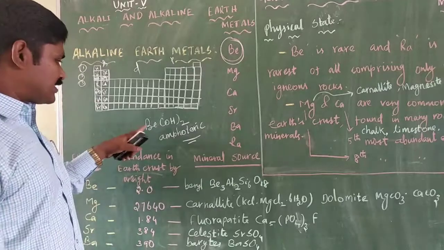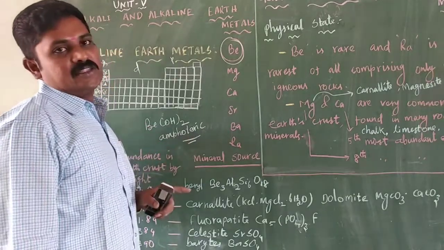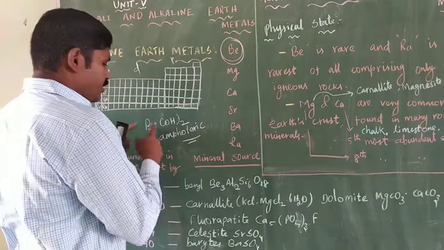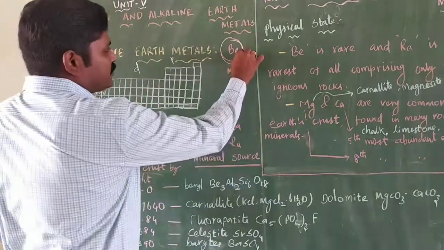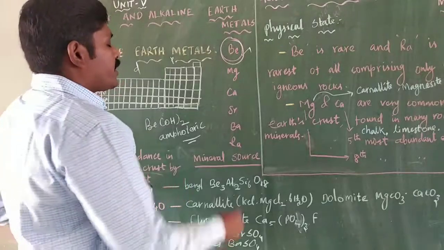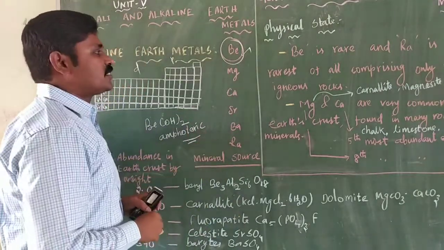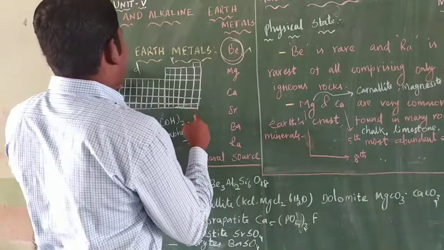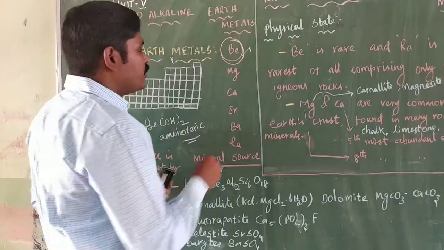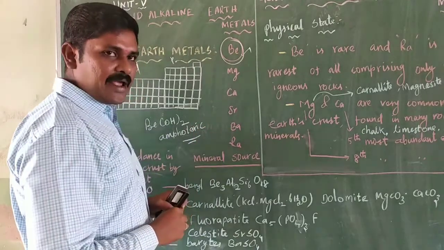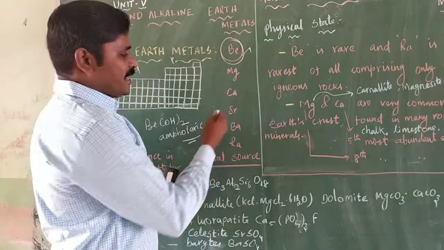Beryllium hydroxide is amphoteric in nature, so it has both acidic and basic character. So except beryllium, the oxides and hydroxides of all other elements are alkaline. Magnesium, calcium, strontium, barium oxide and hydroxide are alkaline in nature.